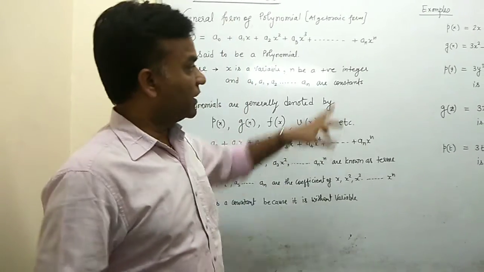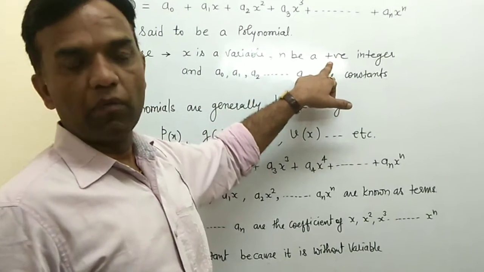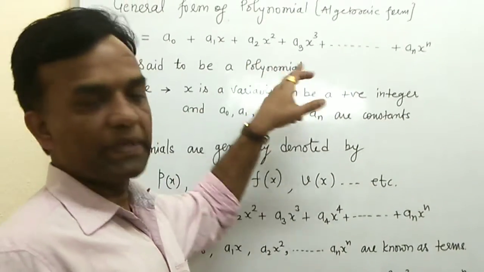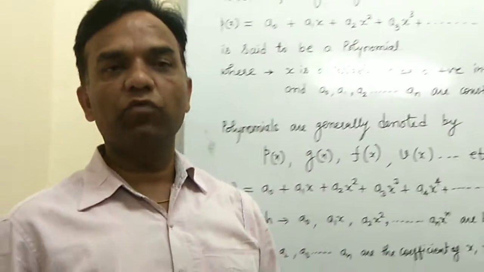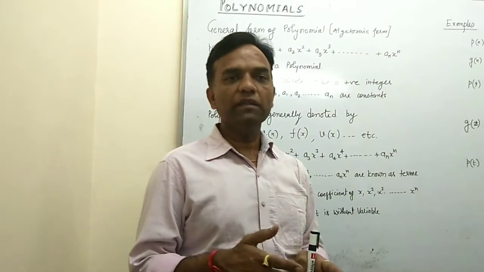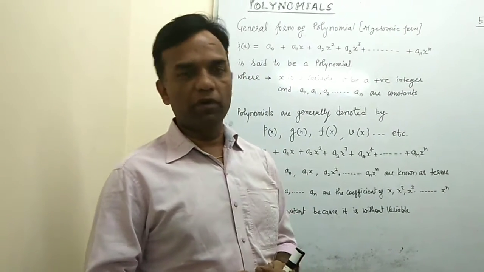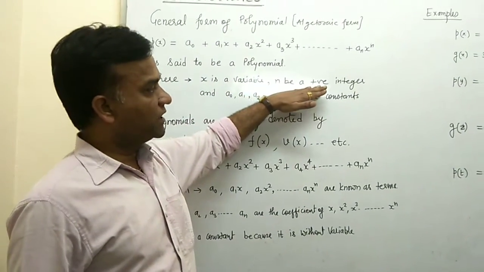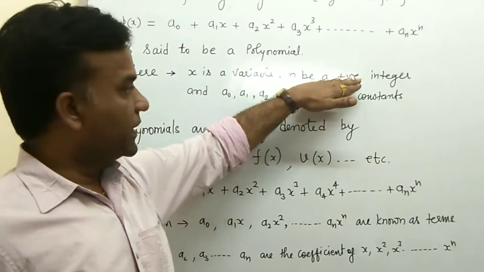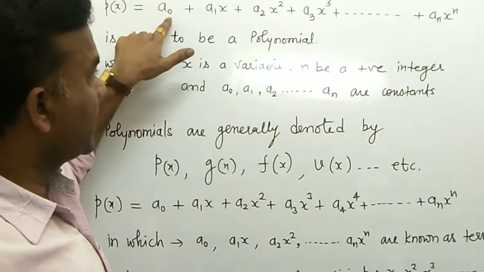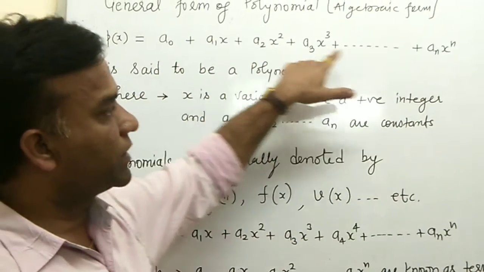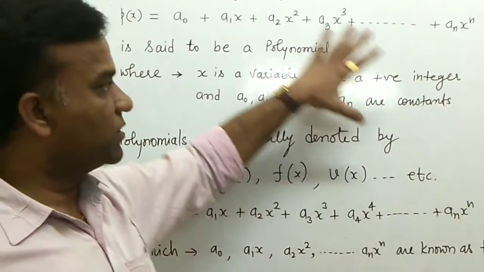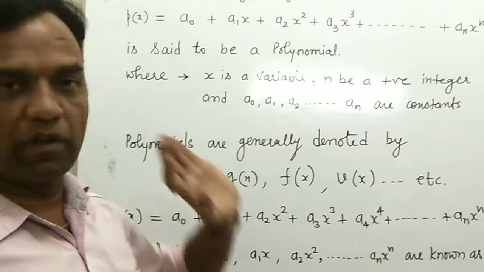Anything other than a positive integer exponent is not included in polynomials. Here a0, a1, a2, a3 up to an are all constants. So this is the description of the polynomial.